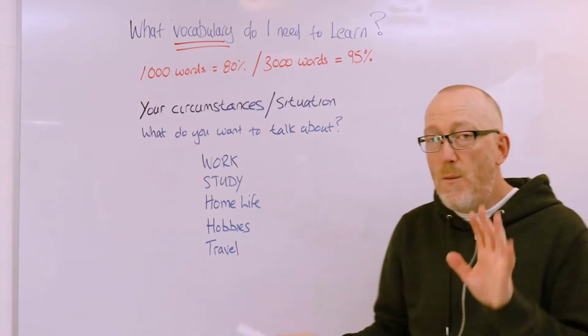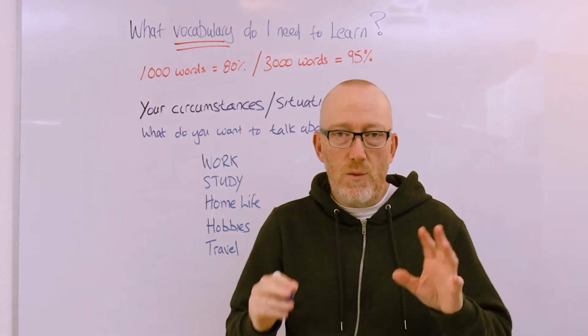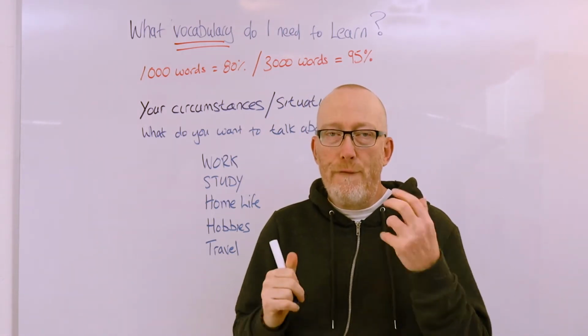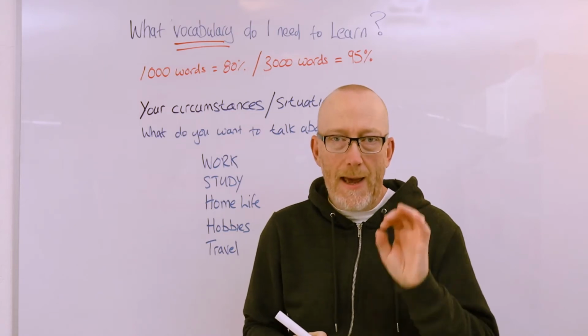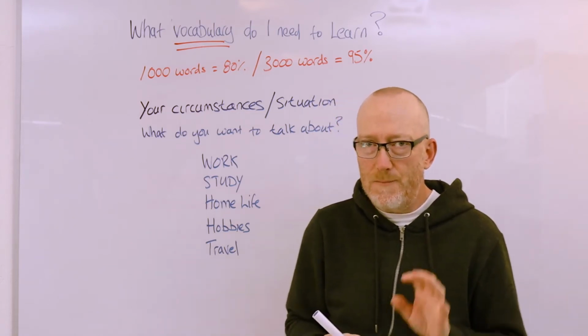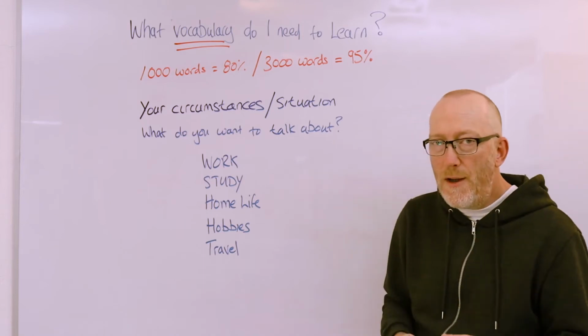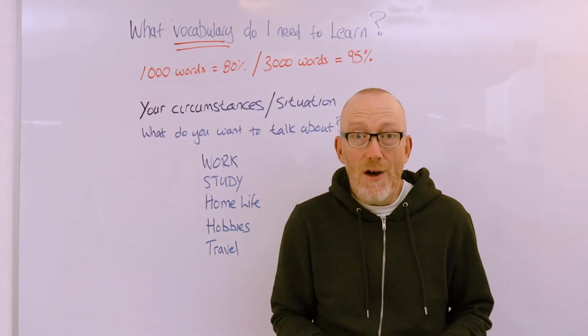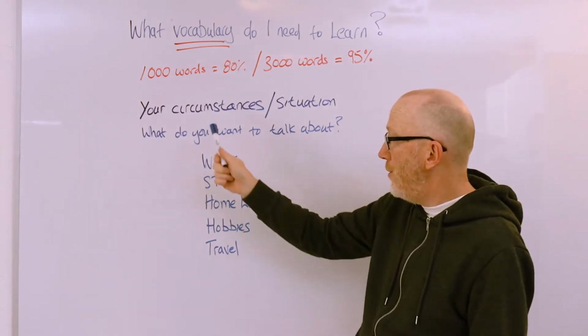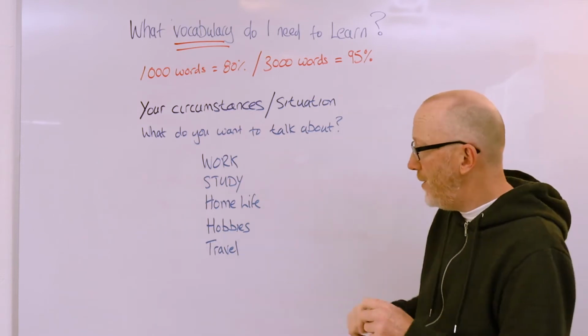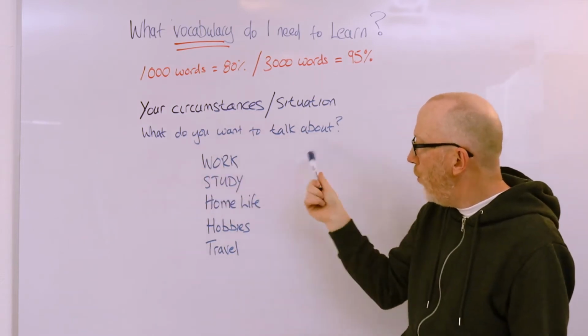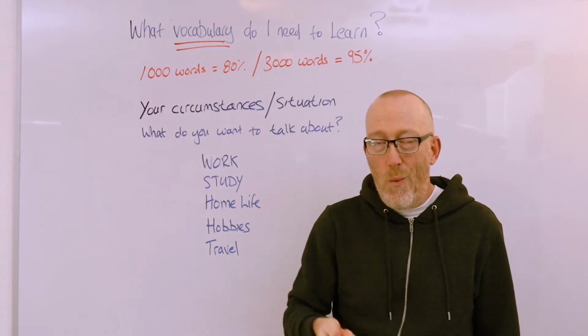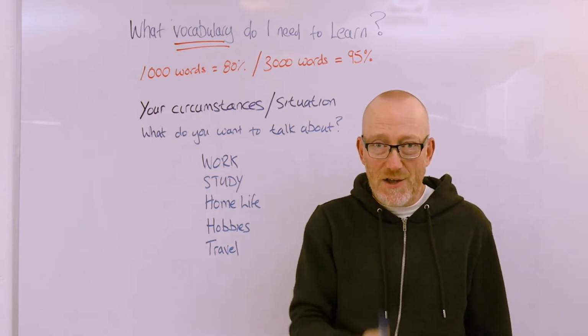Somewhere between 1,000 and 3,000 will allow you to communicate fluently and effectively in the English language. Now, the words that you need to learn depend upon your circumstances or your situation and what you want to talk about or what your purpose of learning English is.